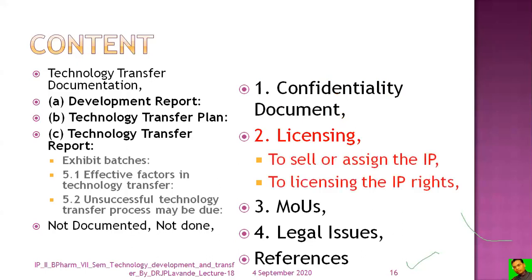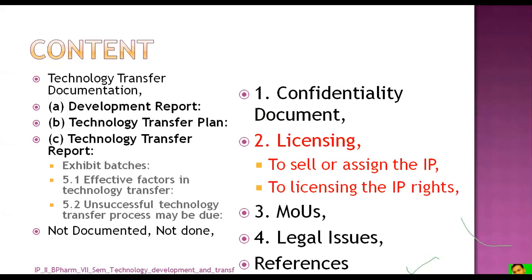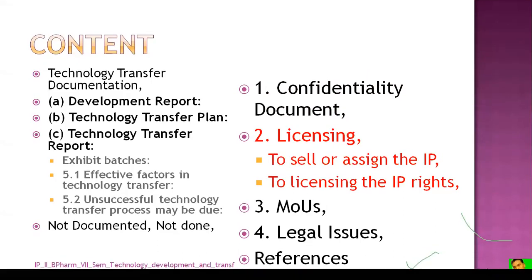Next is licensing. Licenses allow patent owners to share an invention or other intellectual property in a controlled manner and to receive revenues. The revenues might be in the form of royalties or other benefits, like, for example, access to another firm's knowledge.